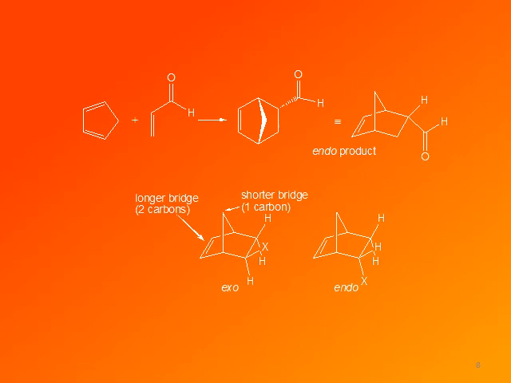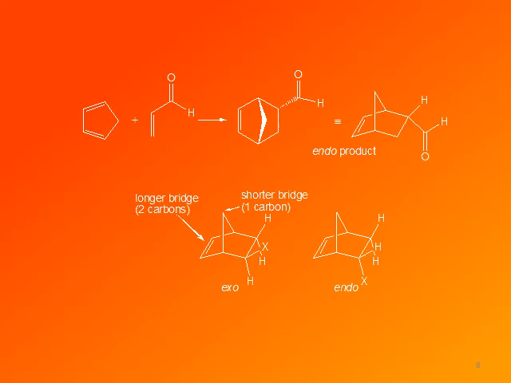Exo and endo are terms used to describe different stereoisomers on fused rings. In the case of fused rings, we can identify a couple of bridges. They are parts of the ring that do not contain a substituent. Those bridges, if they are different, will be a longer bridge, one that contains more atoms, and a shorter bridge, one that contains fewer atoms.